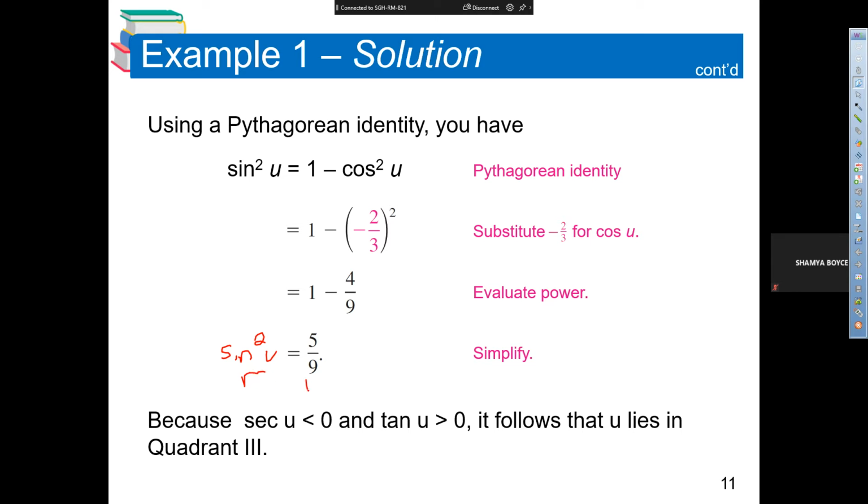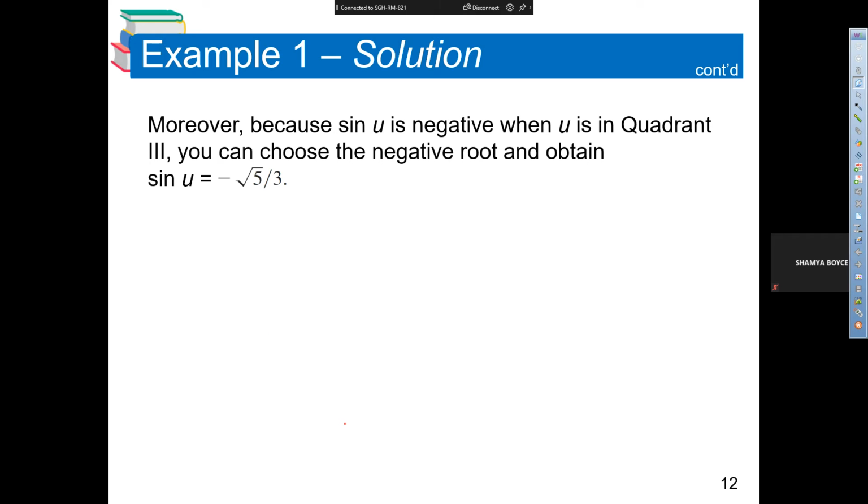We're going to have to take the square root of both sides, and what we end up with is the sine of u is equal to the square root of 5 over 3. Does everybody see that? And it's going to be negative because we know we're in quadrant 3. Moreover, because sine of u is negative in quadrant 3, you choose the negative square root. So there we go.